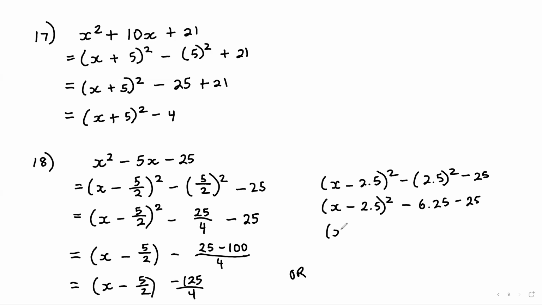So therefore, that would be x take away 2.5 squared, negative 6.25 take away 25. Add the two numbers, keep the negative sign. So that would be 31.25. So any of those would work, whether you use a fraction or you use a decimal. It's fine.